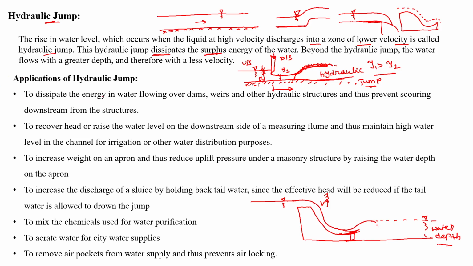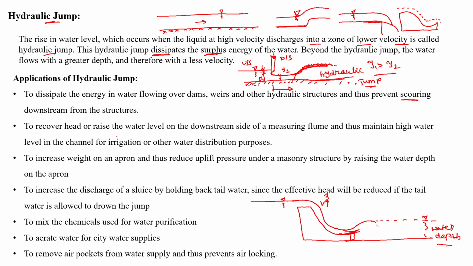So first is to dissipate the energy in the water flowing over the dams, with a hydraulic structure that prevents scouring. As I mentioned, by reducing the velocity we can prevent the scouring, as well as the erosion in the downstream of the structure.